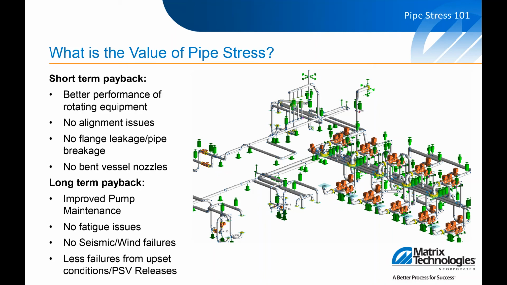Flange leakage, a little less common, but that definitely happens. Bent vessel nozzles, that's always a no-no. Long-term payback: improved pump maintenance, no fatigue issues, more resilience to seismic and wind type failures, less failures from pressure vessel release, PSV release events.